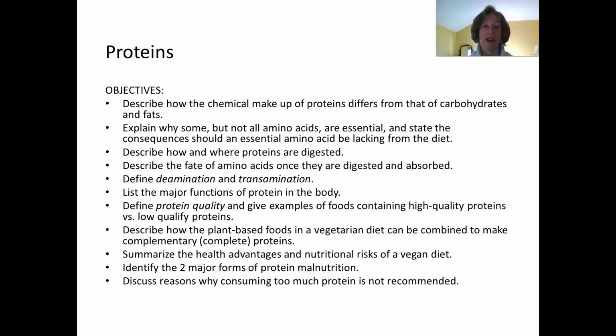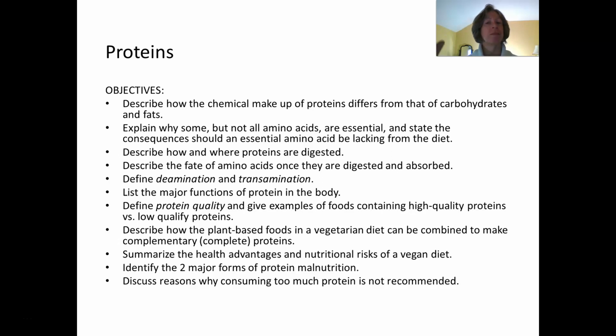So deamination is when you remove the nitrogen group from an amino acid, and transamination is when you transfer that nitrogen group to a different molecule called a carbon skeleton with a different arrangement to create one of these non-essential amino acids. Okay?